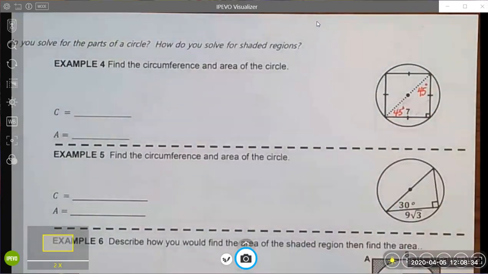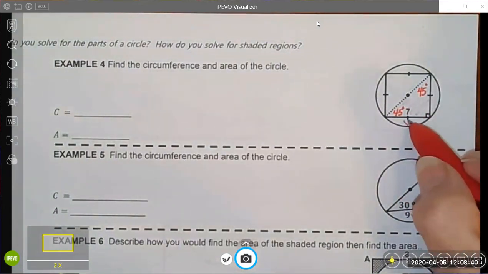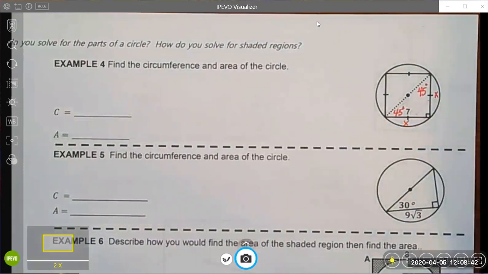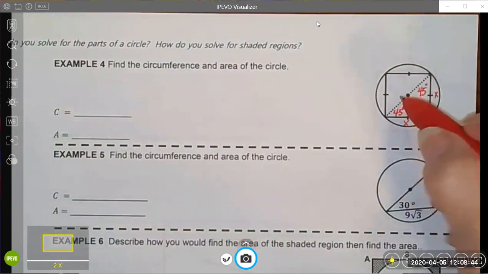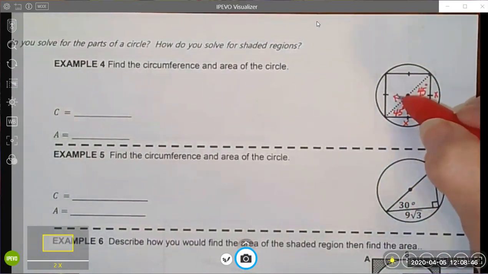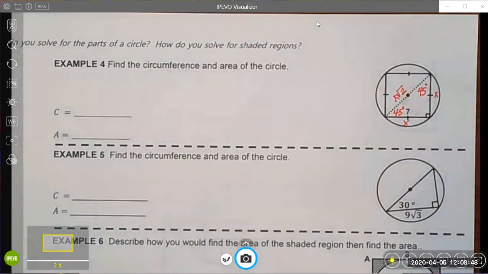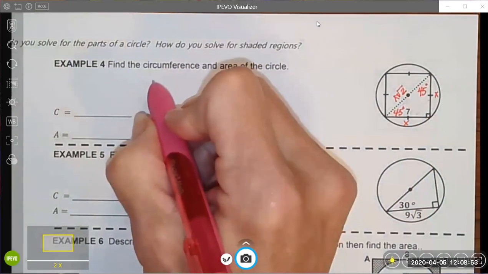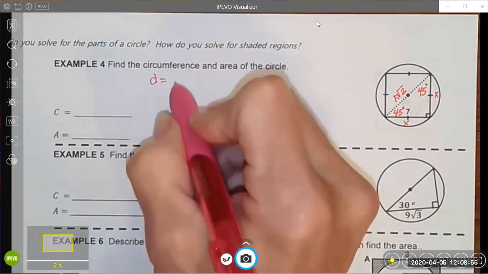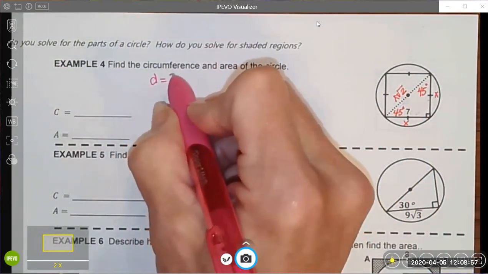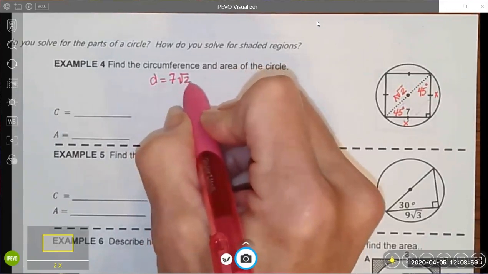And if I remember the relationships between the sides of my special right triangles with 45-degree angles, I remember that each side is congruent and that the hypotenuse is equal to the side times the square root of 2. Therefore, I can conclude that in this case, the diameter of my circle is 7 square root 2.